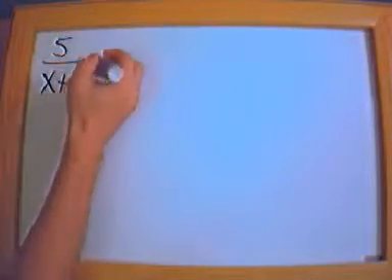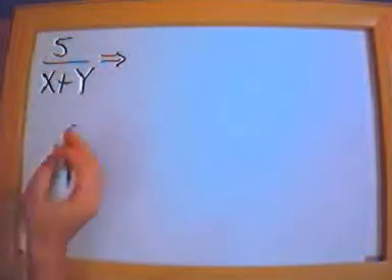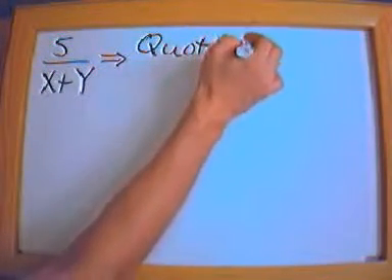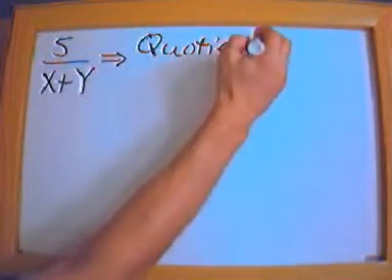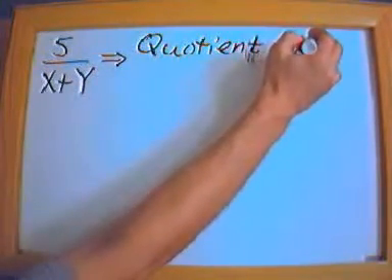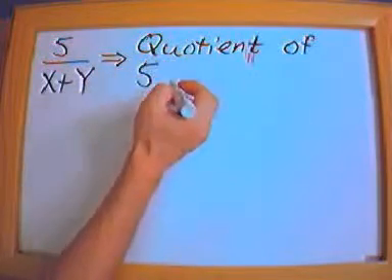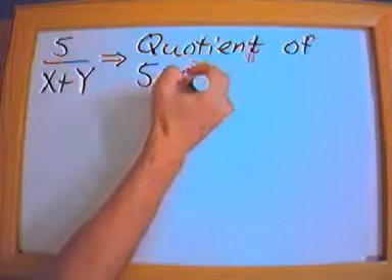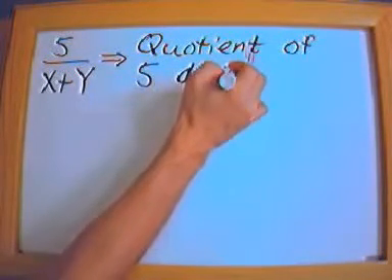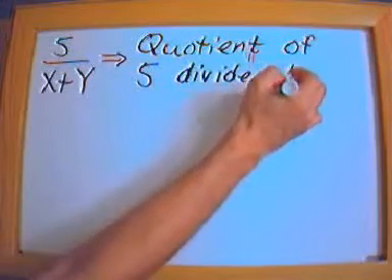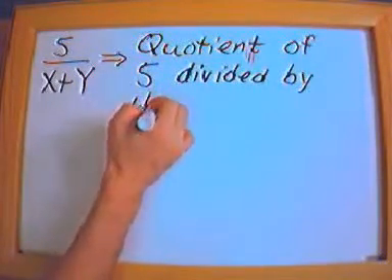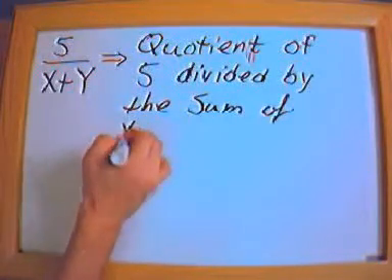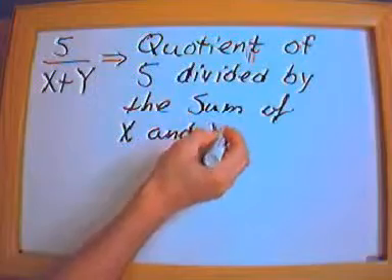So typically if you were to see this written out in words, it would look something like the quotient of 5 divided by the sum of x and y.